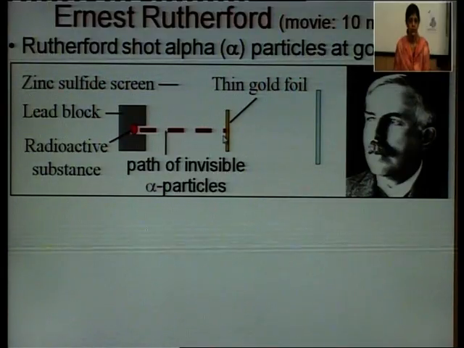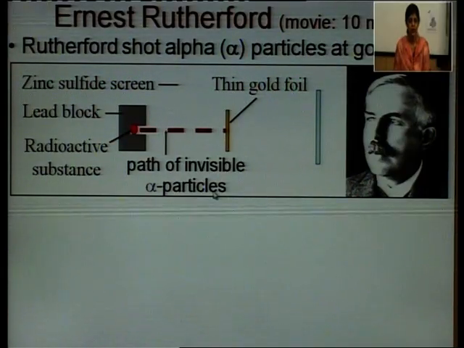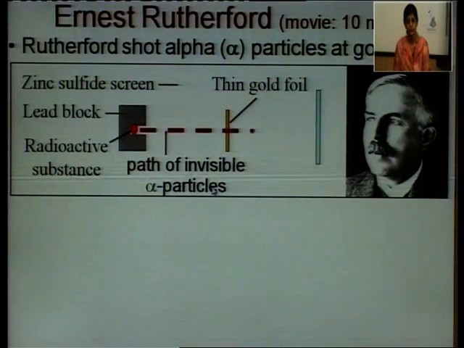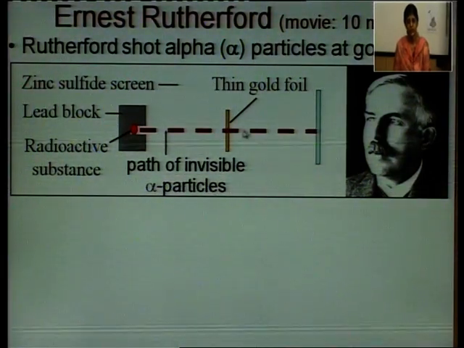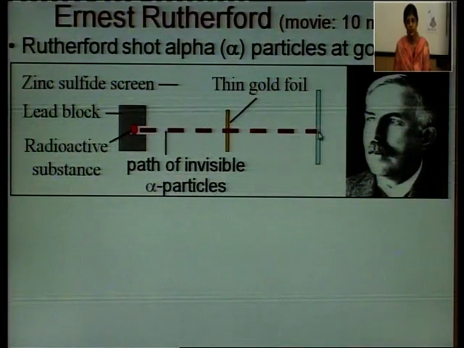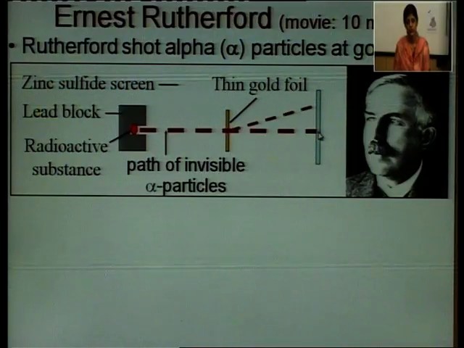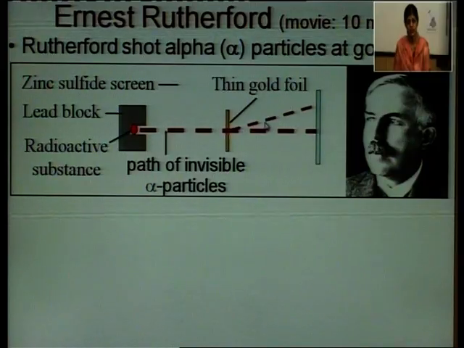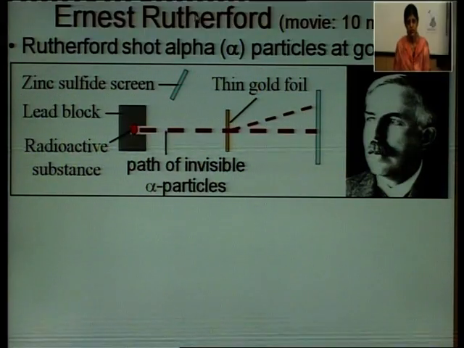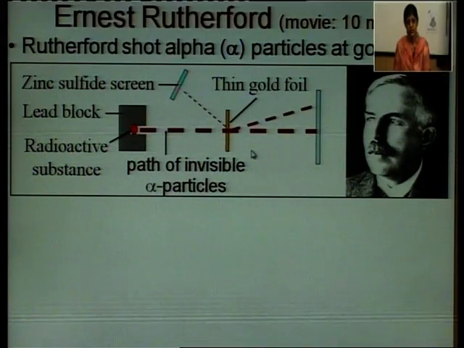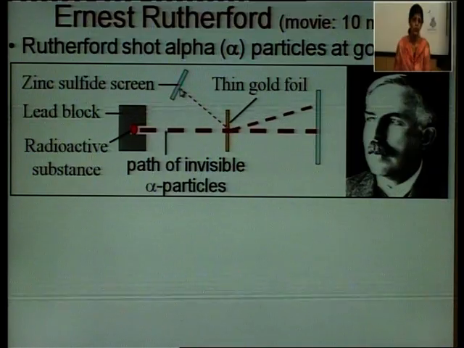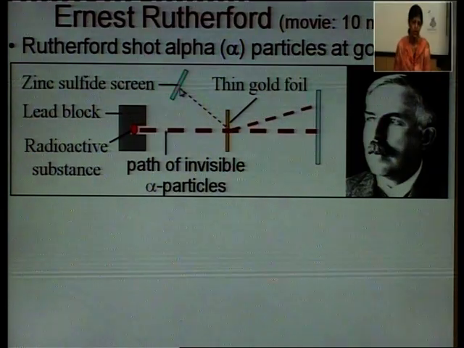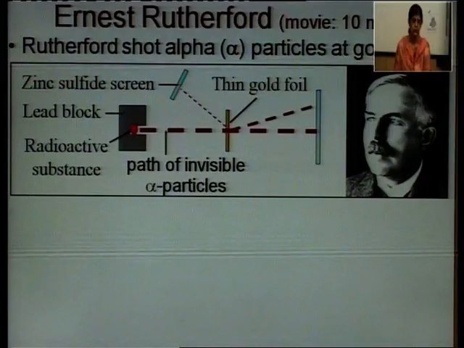Then this is the path of the invisible alpha particles. Maximum particles are passing straight through the gold foil. A few of them are getting deflected by small angles. Then this is another zinc sulfide screen, and a very few of them are returning back.